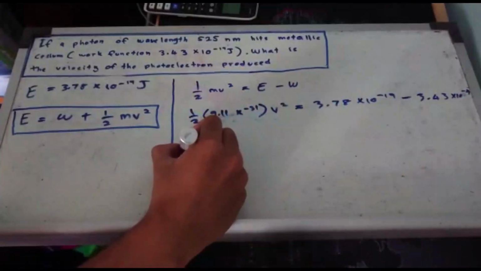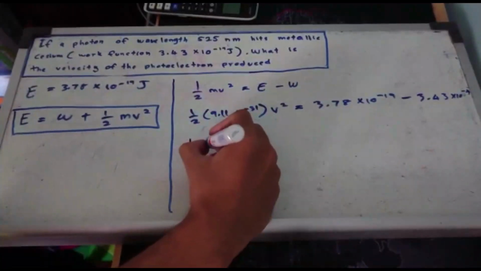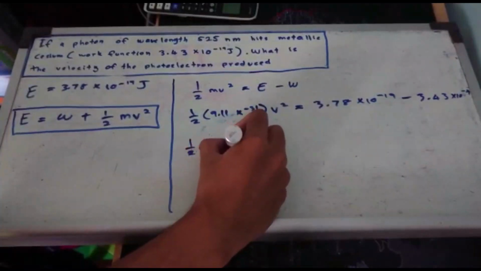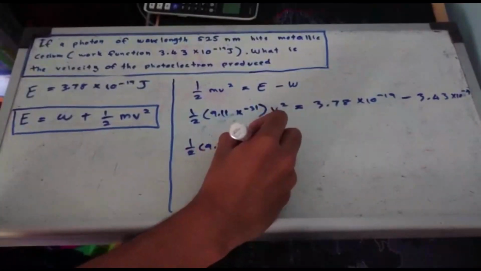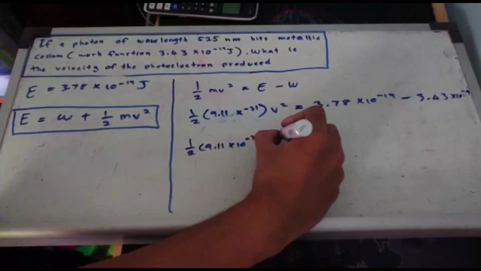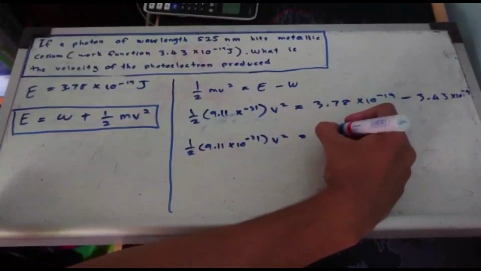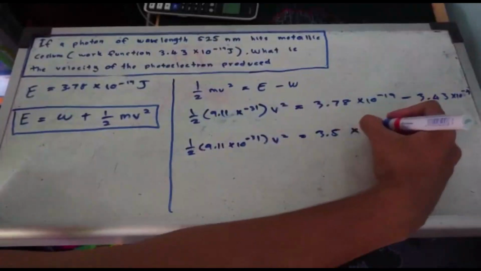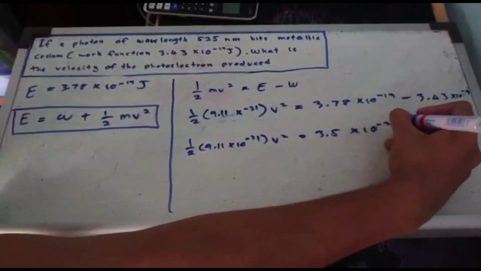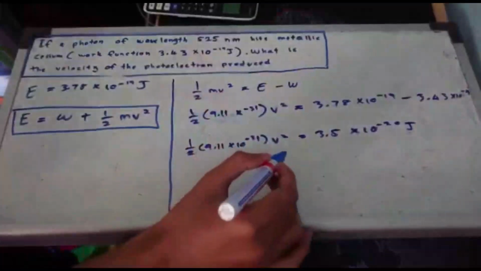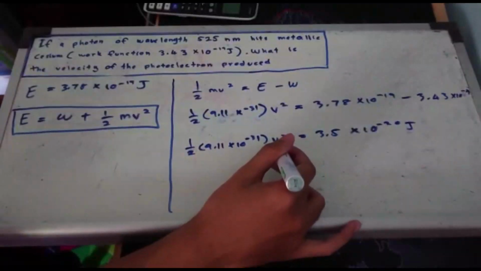Then we get half times 9.11 exponent negative 31 times v squared equal to 3.5 times 10 negative 20 joule. So we need to find the v.